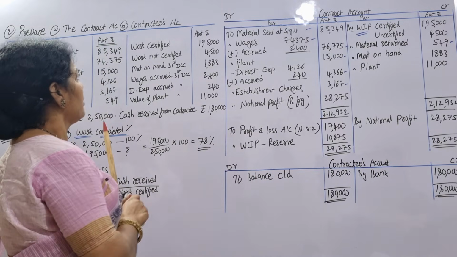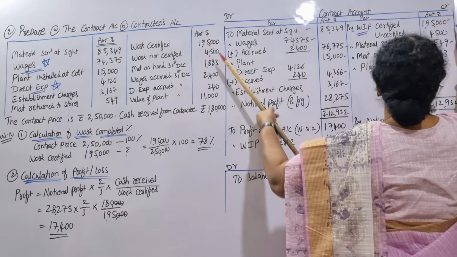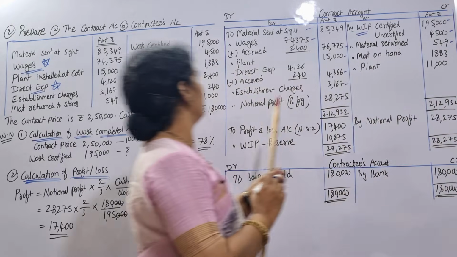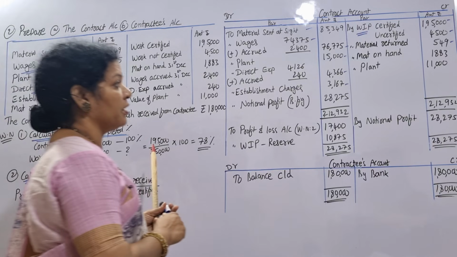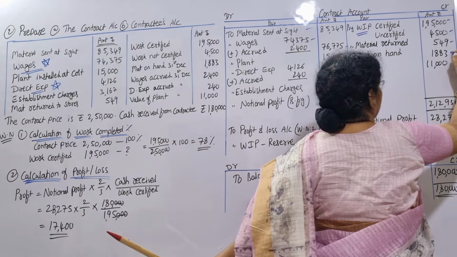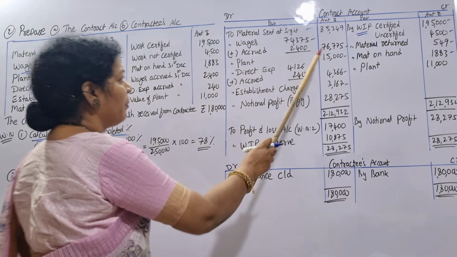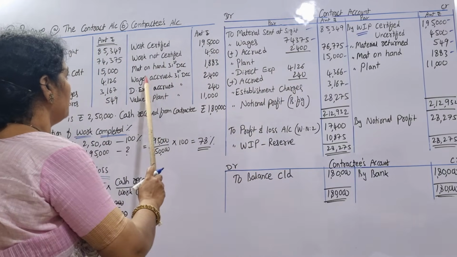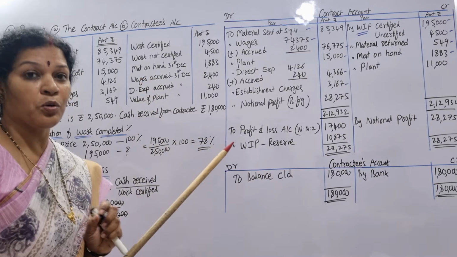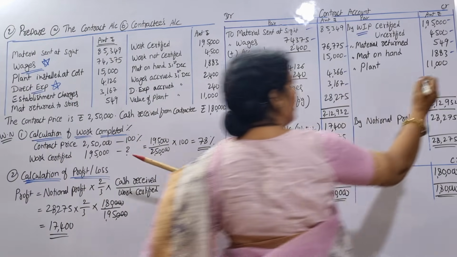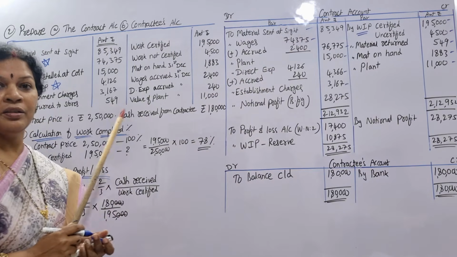Simply we'll write certified as 1,95,000 here, uncertified as 4,500. Next, material on hand means closing material, 1,883. Wages accrued we have already added here, and direct expense accrued also added. Value of plant means closing plant, 11,000. We have written everything.